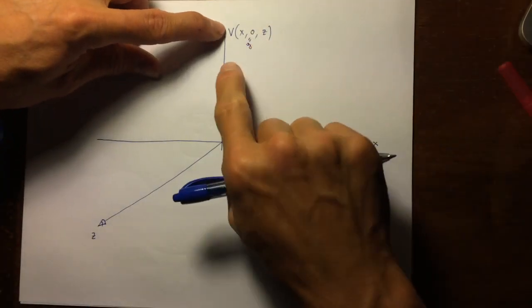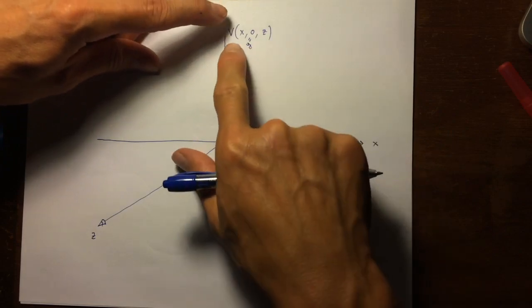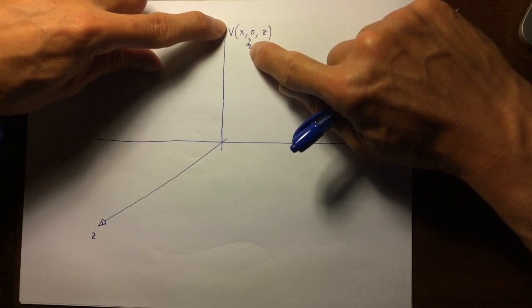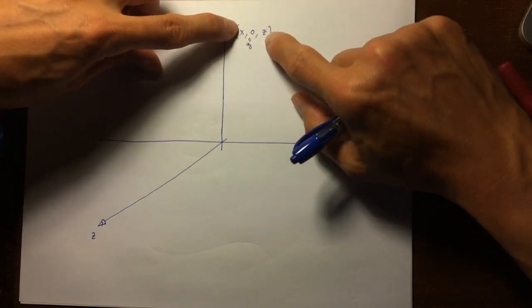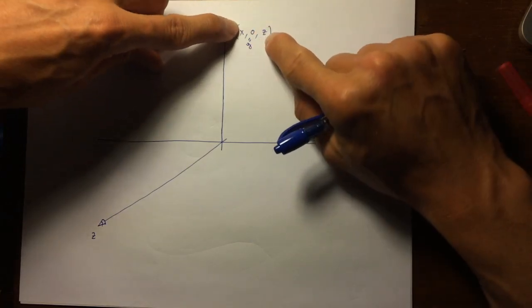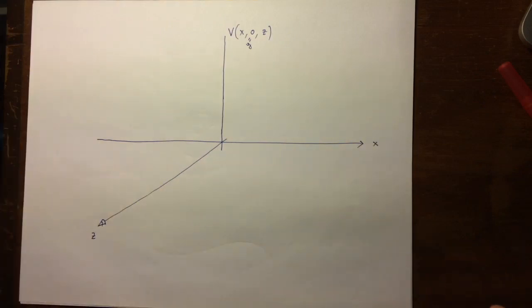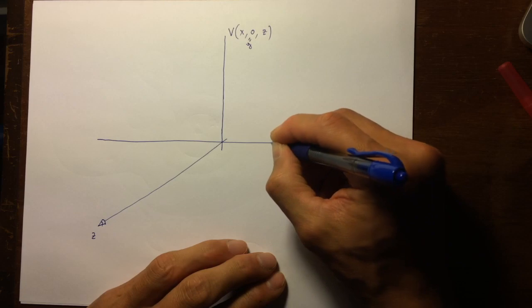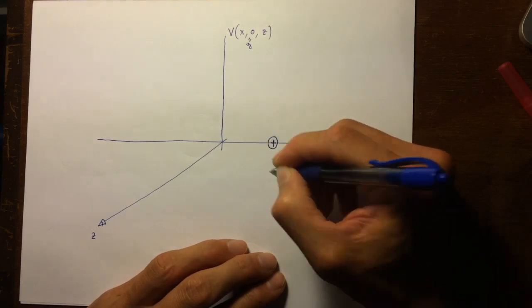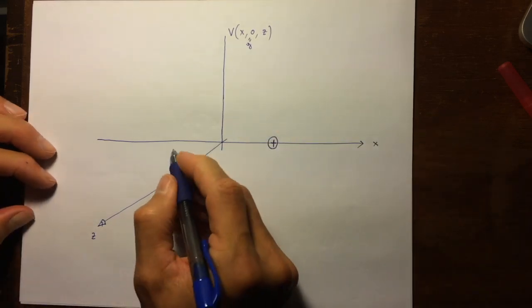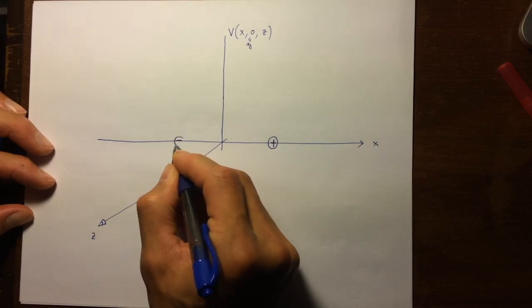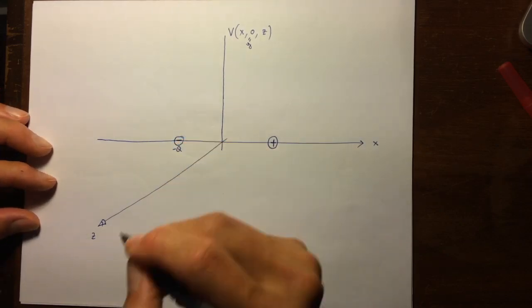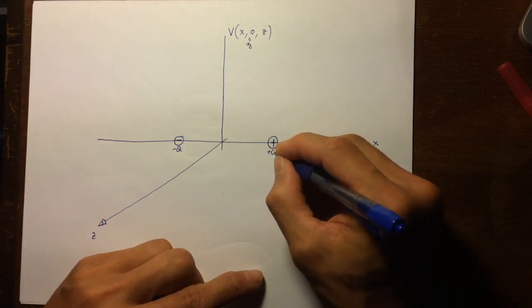And so we are looking at the potential for coordinates whose y value is 0 and whose x and z values aren't determined. It's going to be drawn. And let's say on the x-axis we put a positive charge and a negative charge. So this is a charge negative q, and this is a charge positive q.